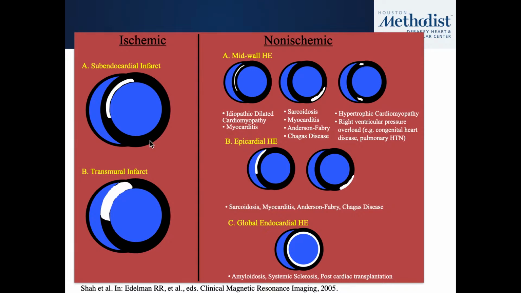And so I think to wrap up, what hopefully in the last few weeks we've talked about is that with CMR, with this direct ability to visualize myocardial damage, you're able to identify a subendocardial or transmural pattern of hyperenhancement, which is suggestive of an ischemic etiology of myocardial dysfunction, versus patients who have a midwall, an epicardial, a global subendocardial, or multifocal pattern of myocardial damage, which occurs in a variety of different non-ischemic conditions.